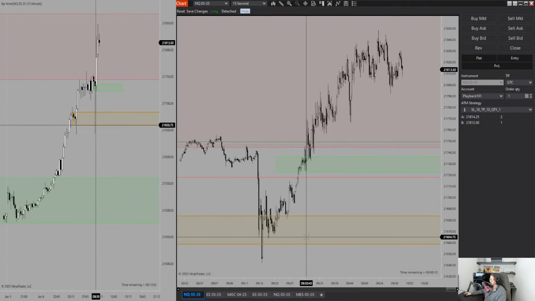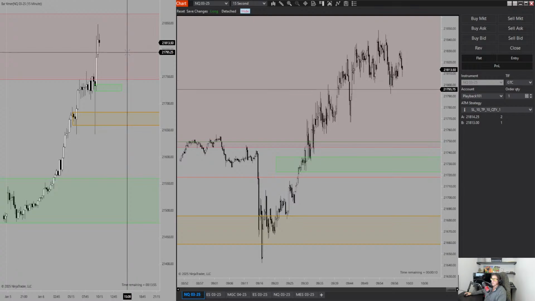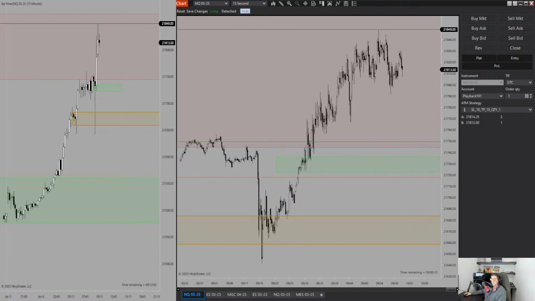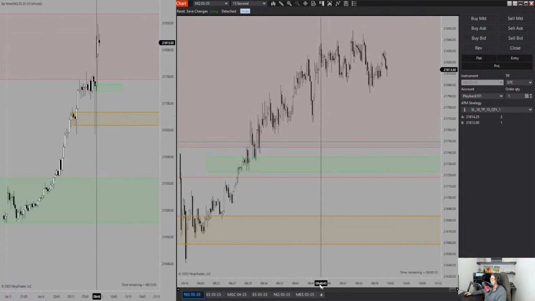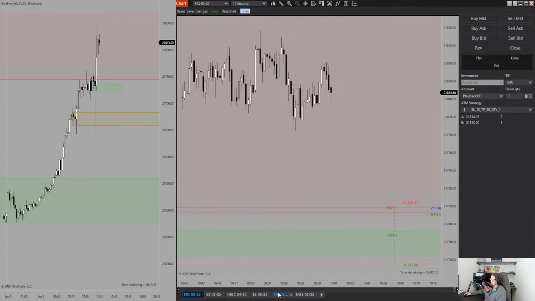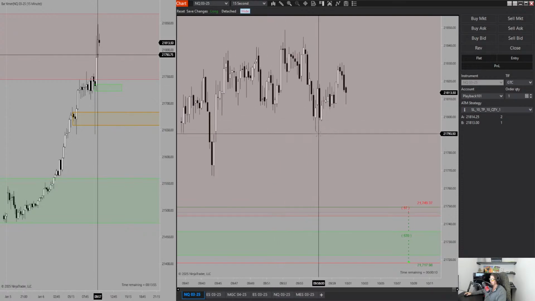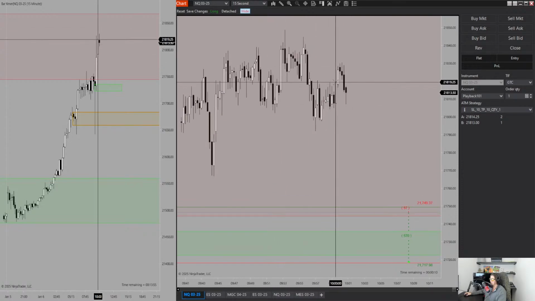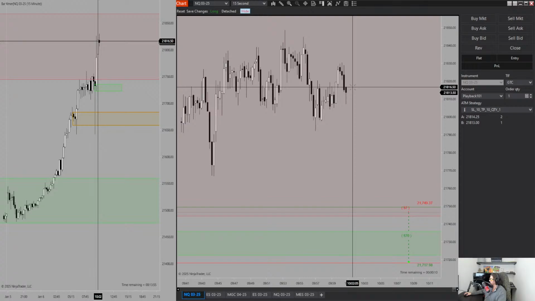But we are in supply. We are counter trend. This low could not make a new high. We flipped this demand. Now we've retested it. And on 1 second.